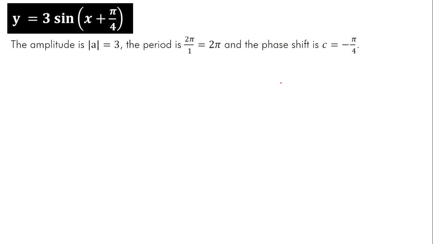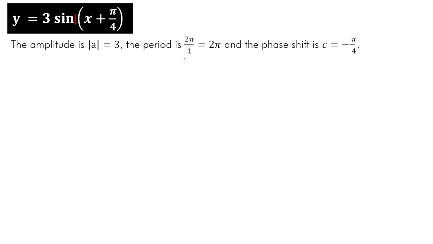Okay, let's have an example. Given that we have here y = 3 sin(x + π/4). As you can see here, we have a horizontal shifting or the phase shift. So if we identify its amplitude, period, and phase shift, we have 3 as the amplitude. And for the period, we have our b as 1.